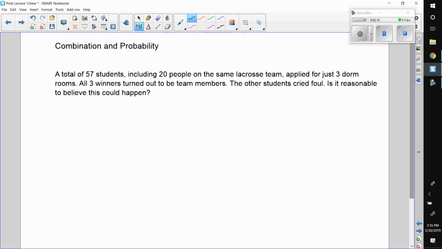The first thing that we can do is look at what they were originally picking. How they were picking here is their total was 57 combinations of 3. And it's combinations because we don't really care who's going to be in those rooms or the order of their names or anything. So we have 57 combinations of 3 people. This was for the total of students.